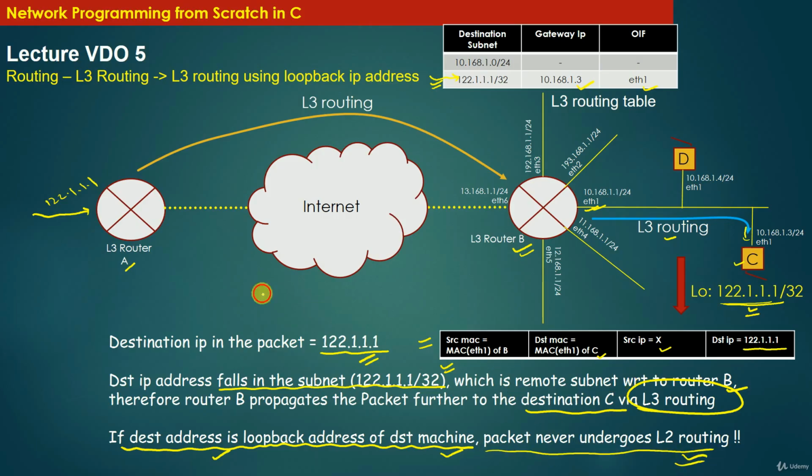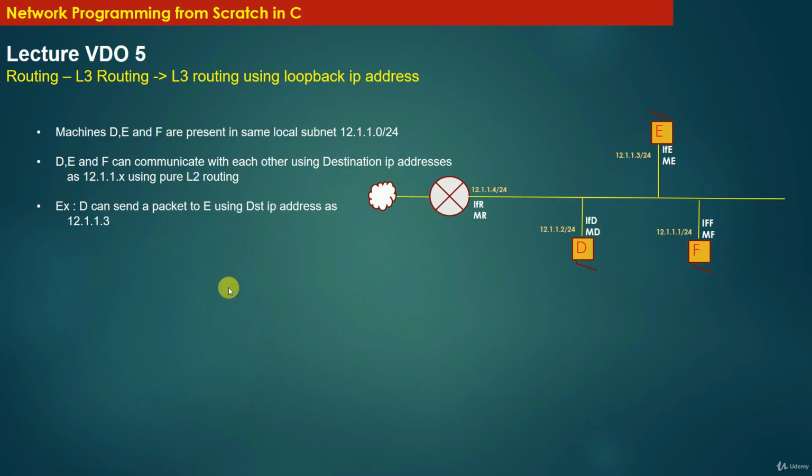You can see that the packet is delivered from the source machine A to B using L3 routing, and then from machine B to C it is delivered using L3 routing. I have not discussed anything new here, just stick to the definitions that we have discussed when we discussed L2 routing and L3 routing, and you really will not have any doubts or questions regarding this.